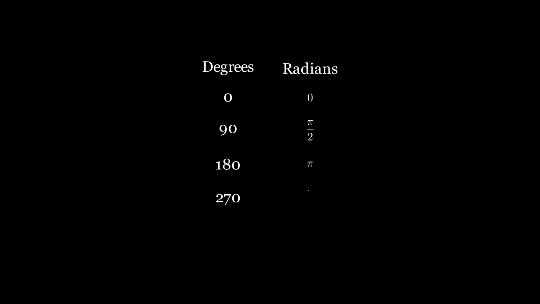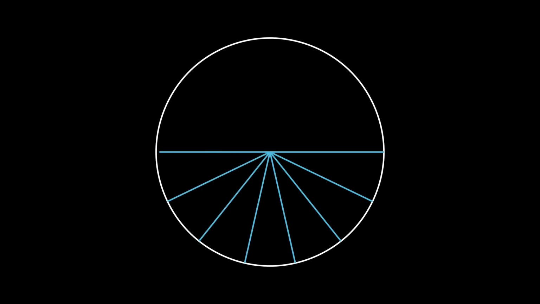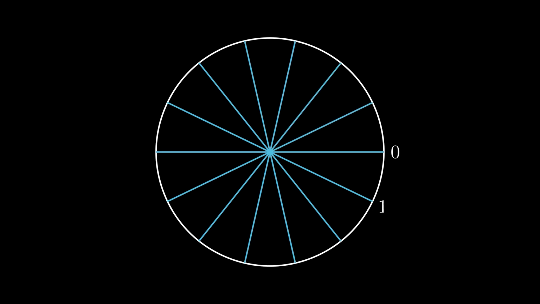Here is a quick chart to help you understand the conversion between degrees and radians. So let's divide our circle into 14 equal slices to represent different disk usage categories. We'll start from 3 o'clock and move clockwise to create each segment.